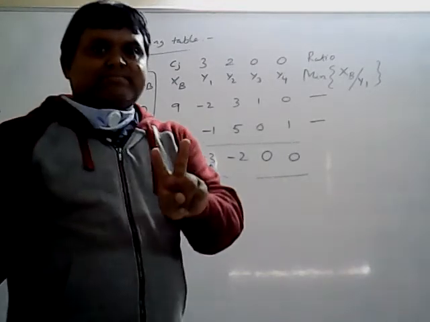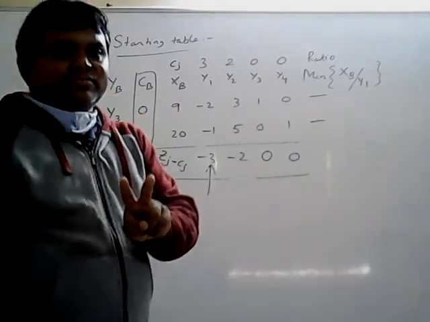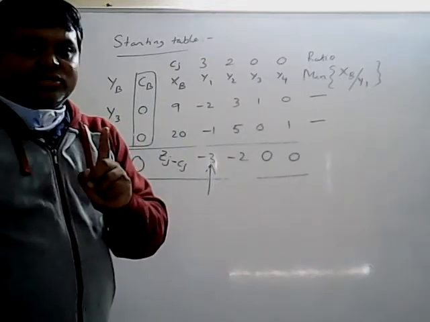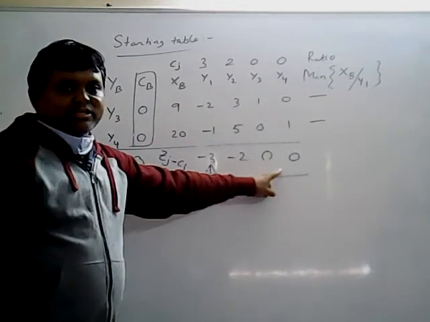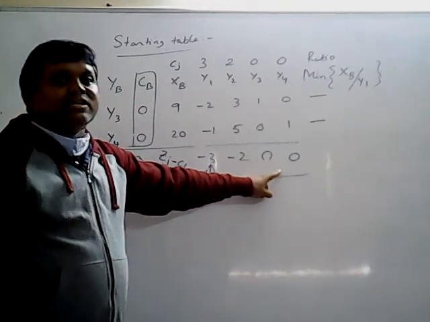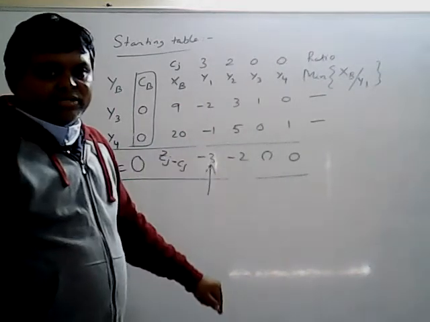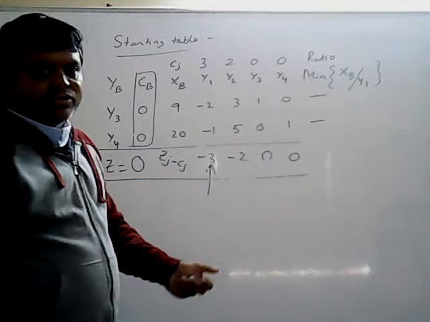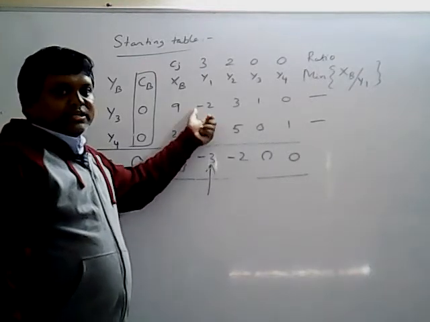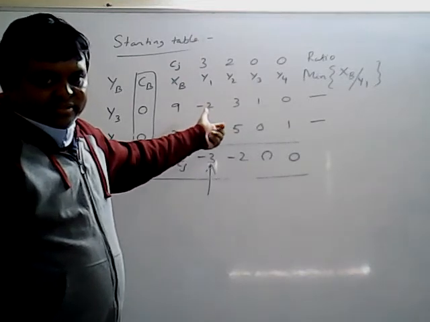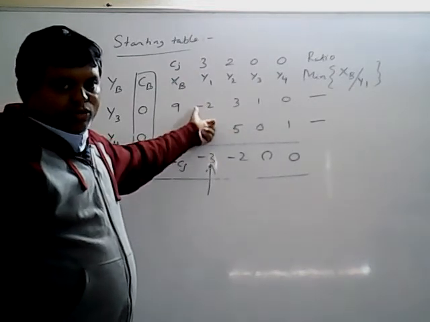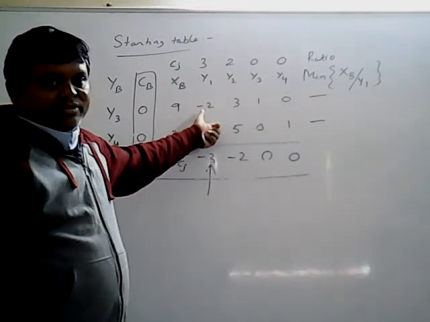There are only two cases in simplex problems. What is the first one? Either you will get the optimum solution. When you reach the optimum solution, if all values are positive, greater than or equal to 0, then you will get the optimum solution. Otherwise, you may get an unbounded solution. When do you get it? When in your entering column no positive exists, only negative values or 0.